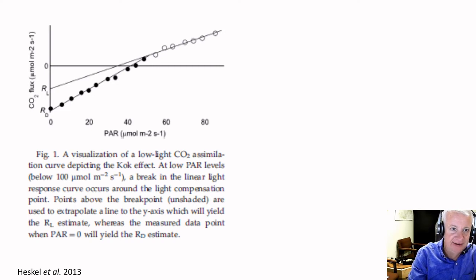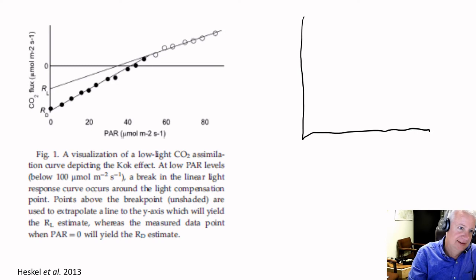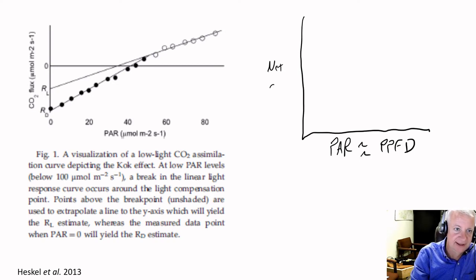Let's go back to the light response curve. Here they're labeling it PAR. That really means the same as PPFD. PPFD is a more proper specification of that. In the graph on the left, they're calling it CO2 flux, but that is the same as net photosynthesis. Okay.